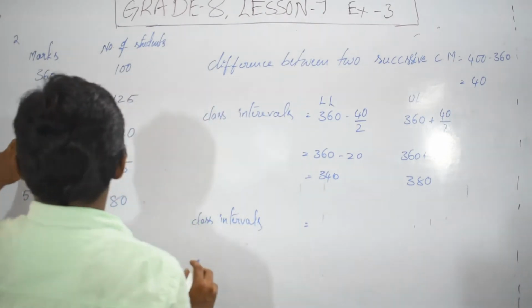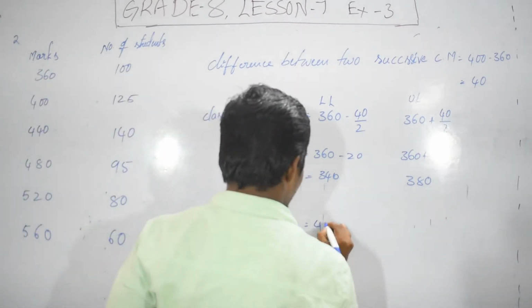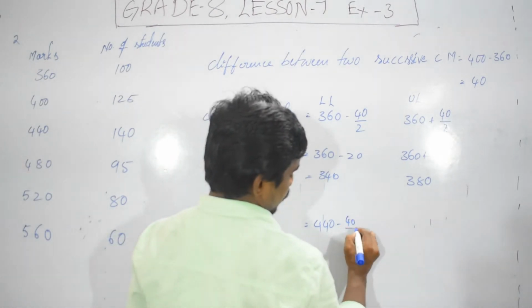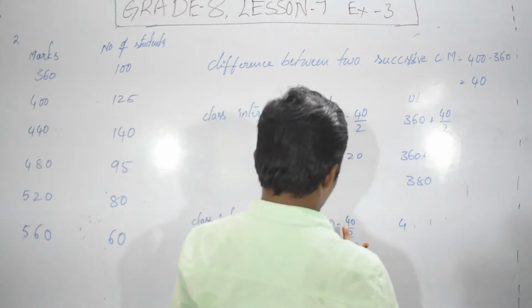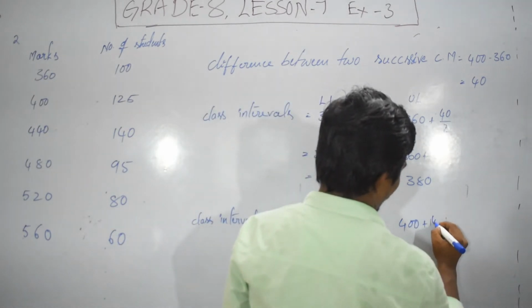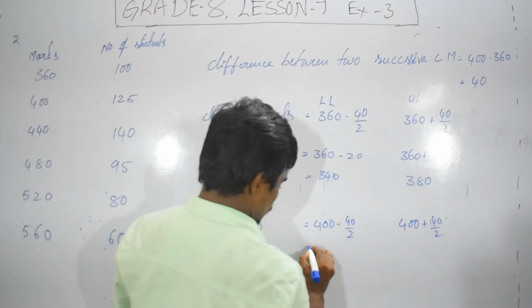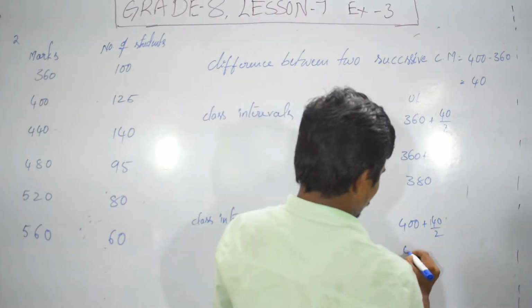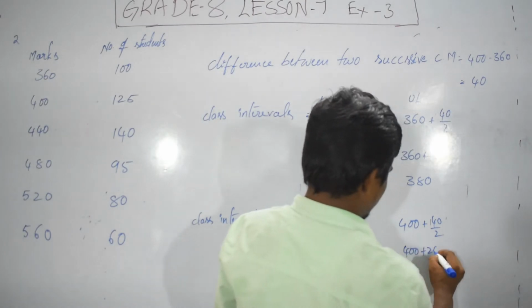Here see, 400 minus 40 by 2, 400 plus 40 by 2. Here 400 minus 20, 400 plus 20.